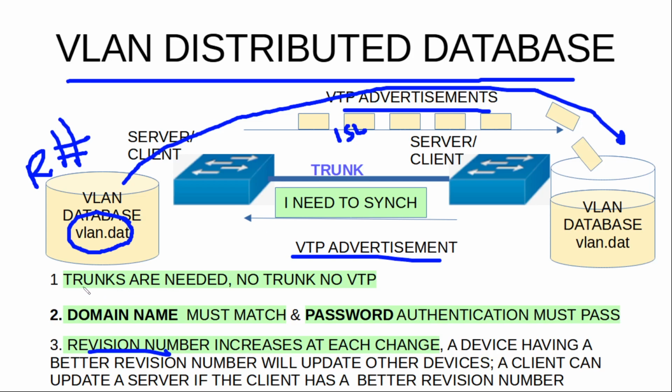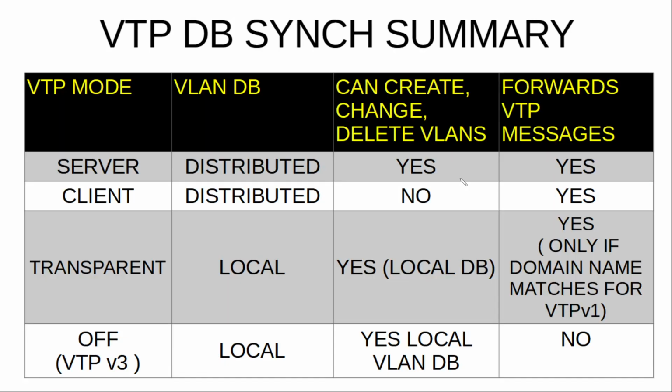So trunks are needed in order for VTP to work, and you will need to define some switches as VTP servers and some switches as VTP clients in order for all of this to work. Your servers and clients should have the same domain name and password for security measures.